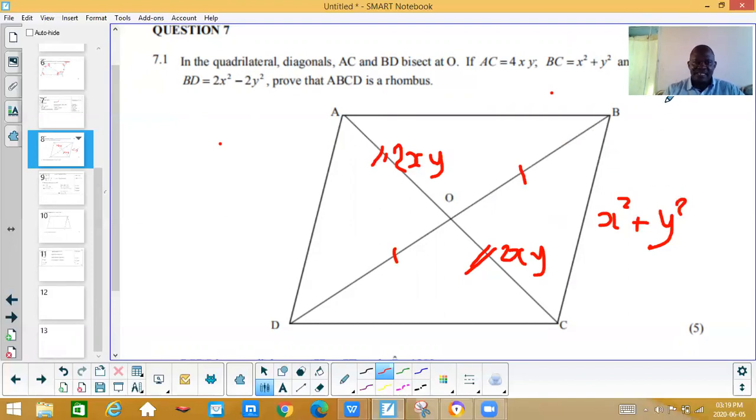Now, where is our BD? This BD is equal to 2x squared minus 2y squared. So if the whole of this one is 2x squared minus 2y squared, half of it is x squared minus y squared, because if you divide everything by 2, you get x squared minus y squared.